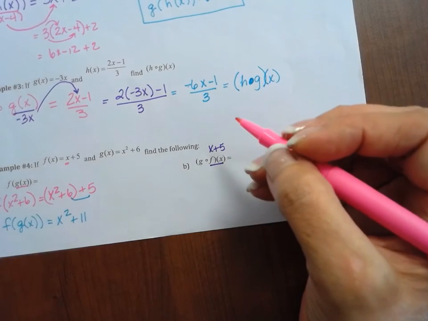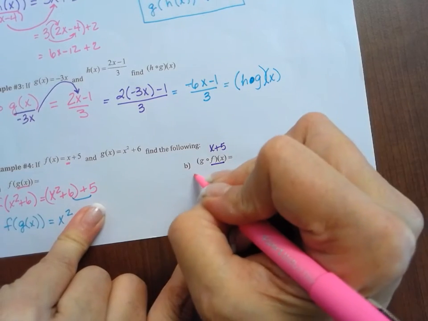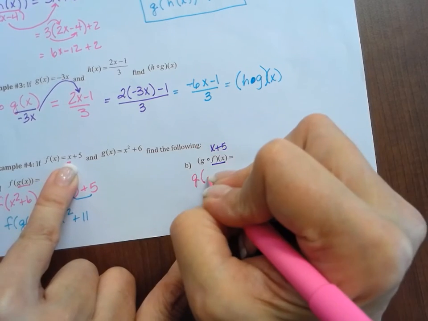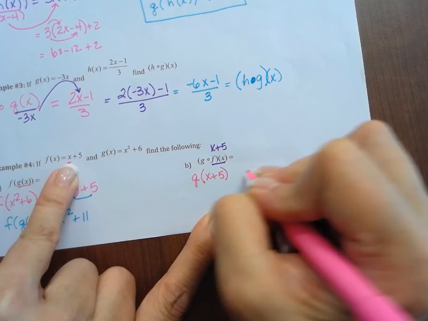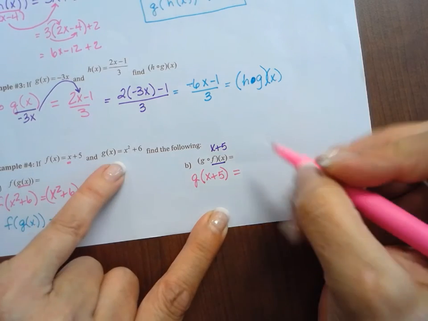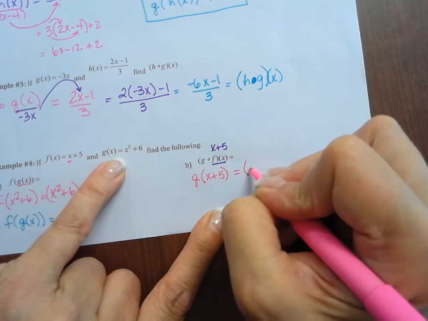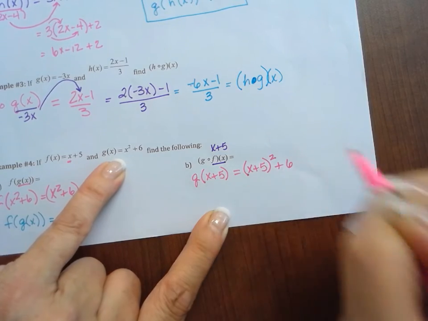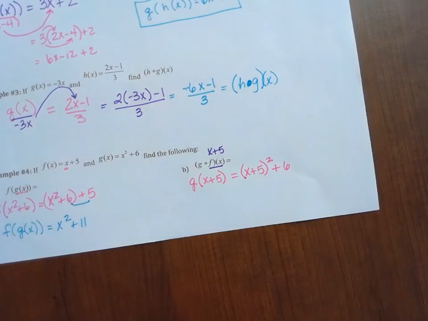Woo! All right, so that would be like saying the g of x plus 5. And so I'm going to have x plus 5 squared plus 6. Good.